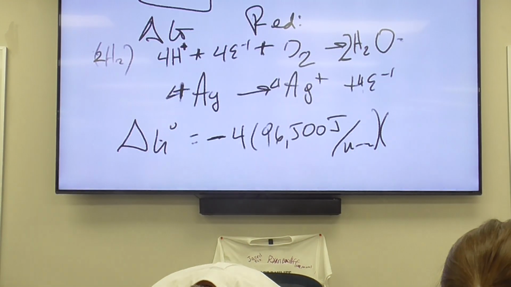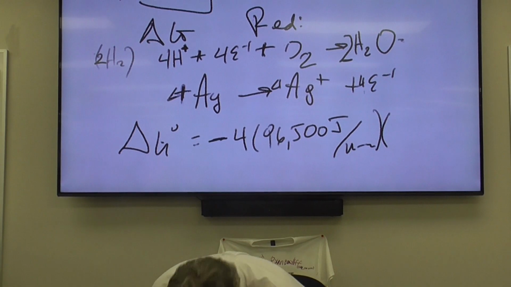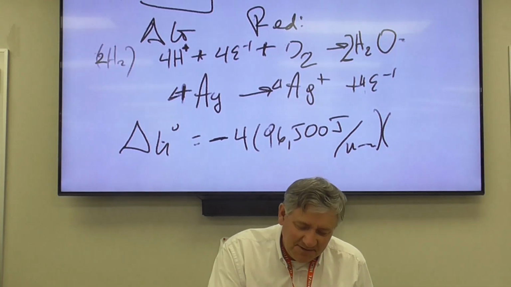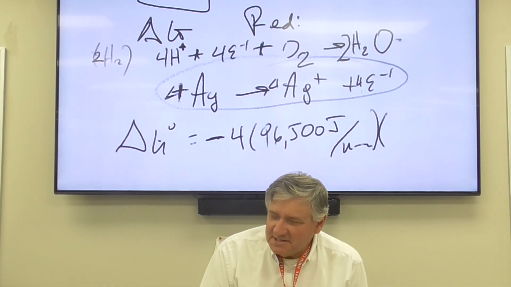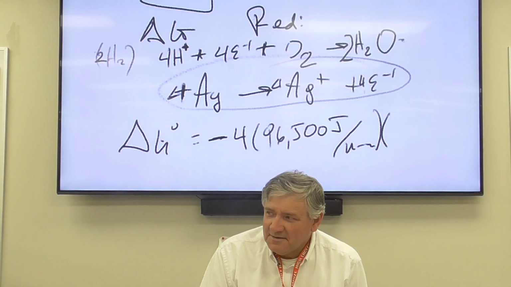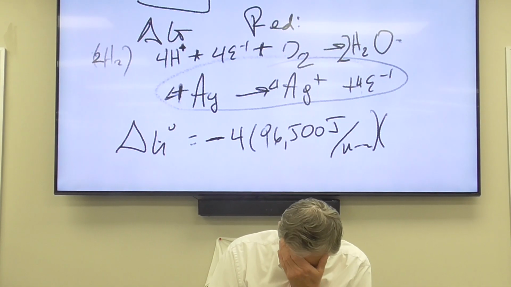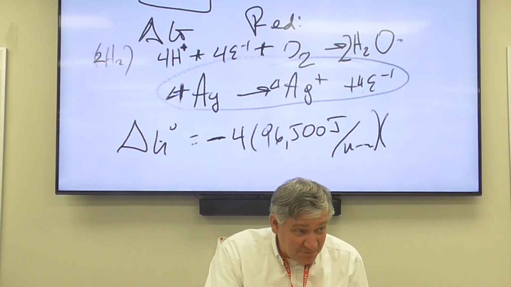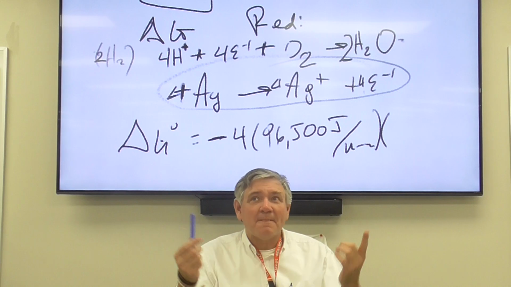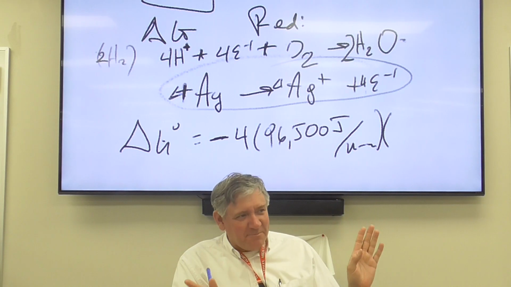Yes. Is that a reduction or oxidation reaction? Oh, you're going to reverse. So we're going to switch that. I was trying to decide if I was going to say swap or switch.